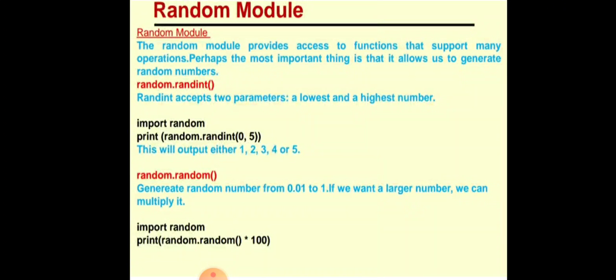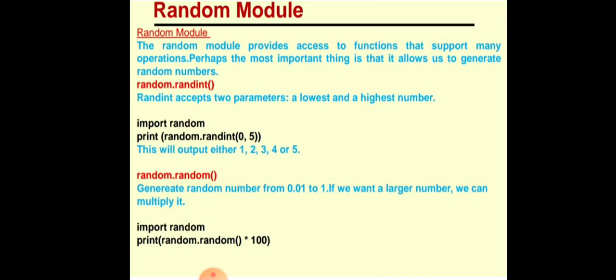The next module we use is the random module, and it is used for generating random numbers. It provides access to functions that support many operations. Perhaps the most important thing is that it allows us to generate random numbers.